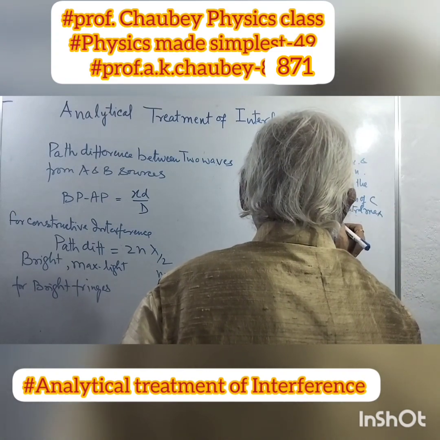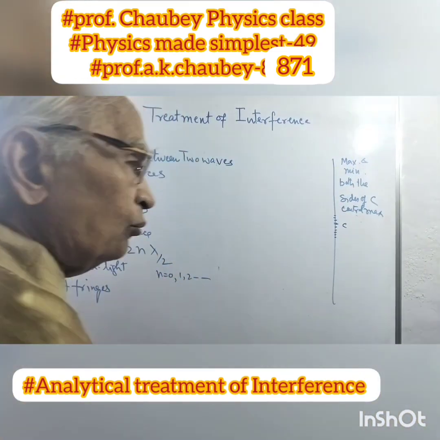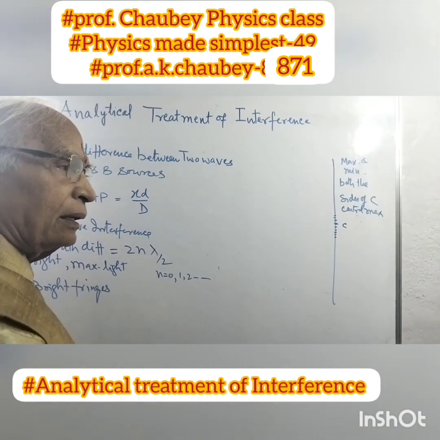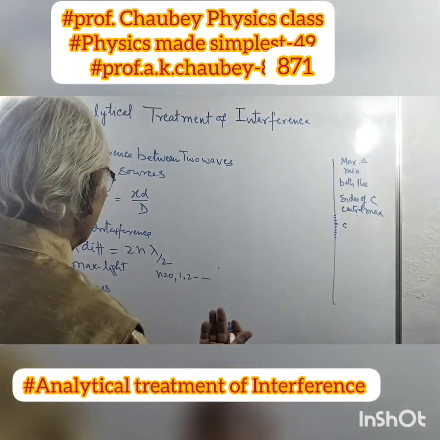So on both sides of C we have dark, bright, dark, bright. These are called fringes.